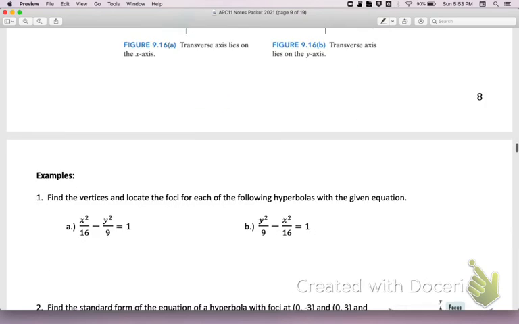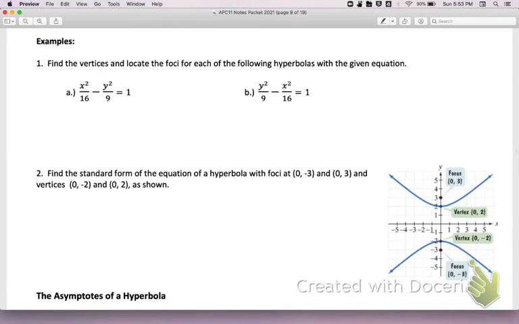We're going to start, like you did with the ellipses, with center at 0, 0. The first one says, find the vertices and locate the foci for each of the following hyperbolas. Let's look at the first one. The first thing I know is that since x squared is first, this is going to be a horizontal hyperbola.